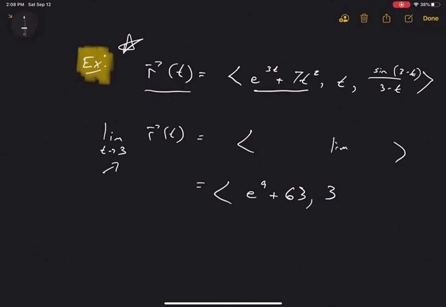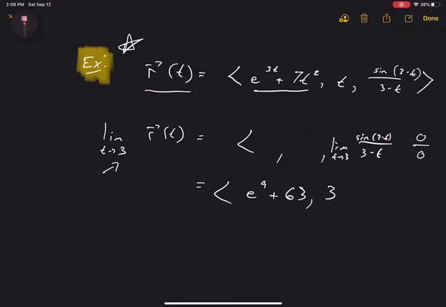I'm looking at this third component now, and this thing is not continuous at 3. If I plug 3 into this, I'm dividing by 0. That's bad. And in fact, if I plug 3 into the top, I get 0 as well. So this is a limit where I have 0 over 0.